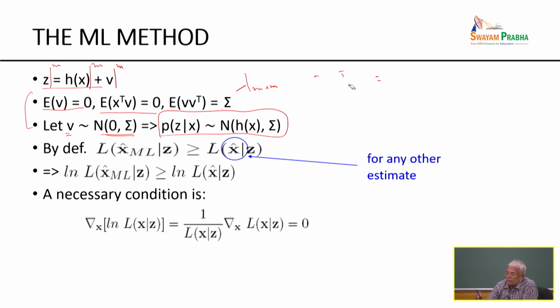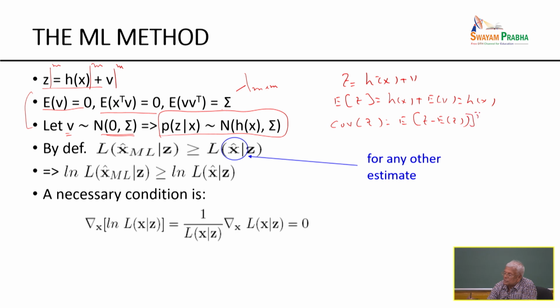So let's look at that now for a moment. Z is equal to h of x plus v. So E of z is h of x, since x is a constant. This is equal to h of x plus E of v, and E of v is 0, so this is equal to h of x. So the covariance of z is equal to E of (z minus E of z)(z minus E of z) transpose, by definition.